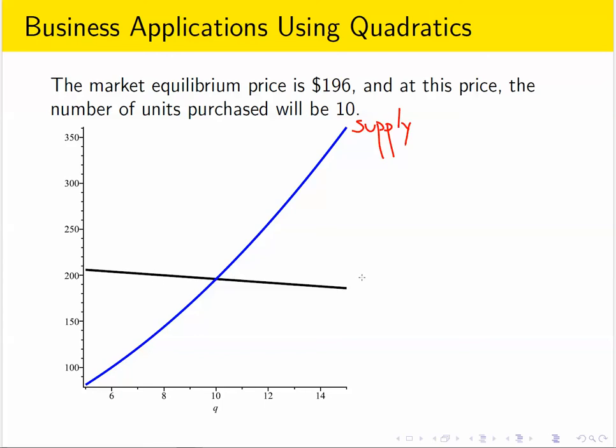On the other hand, the demand, which is shown here in black, is decreasing because in order to sell more units, you have to lower the price compared to if you wanted to sell fewer units.